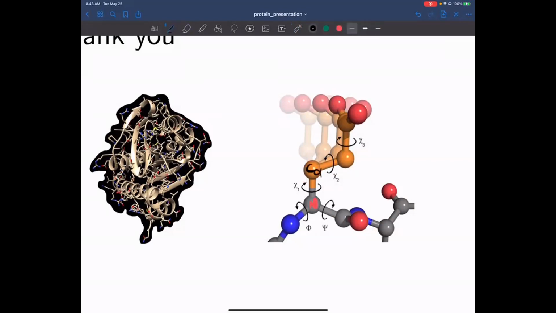That also means this whole thing is an amino acid, and this part is a side chain for this particular amino acid. You can see that this part is rotating, so that's where the word rotamer comes from.